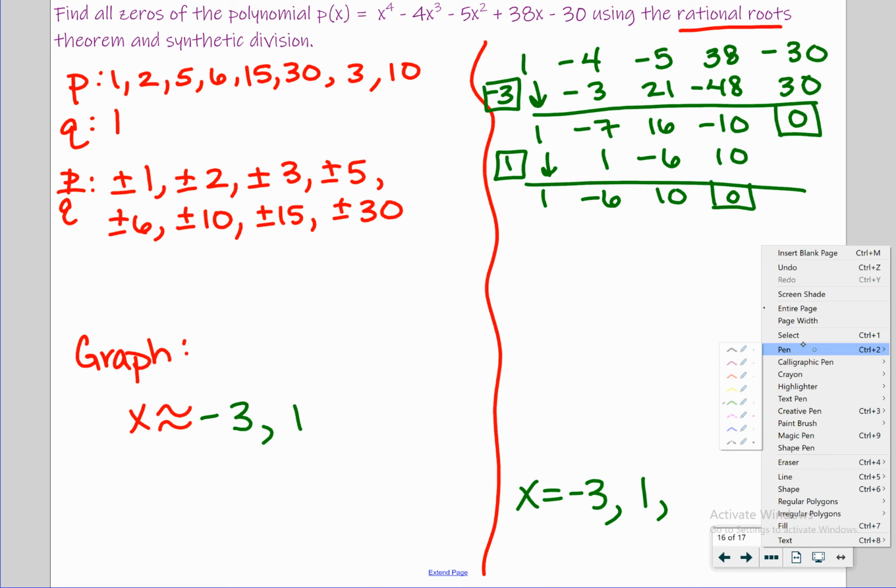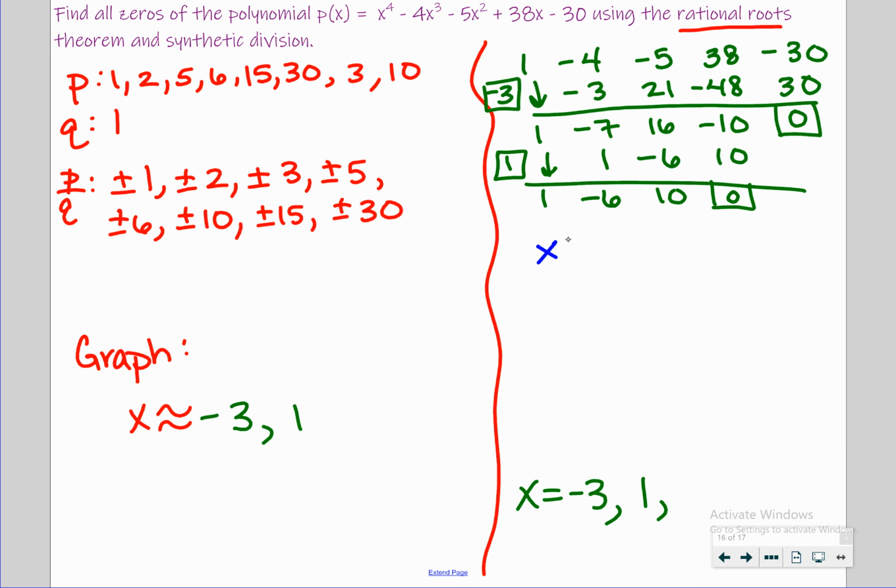And now I am left with a quadratic. X squared minus 6x plus 10 equals 0. Doesn't factor. 2 numbers that multiply to 10 and add to -6. I can't use square roots because I have an x squared and an x. So again, we have to use the quadratic formula here. Okay. X equals. Opposite of b is 6.